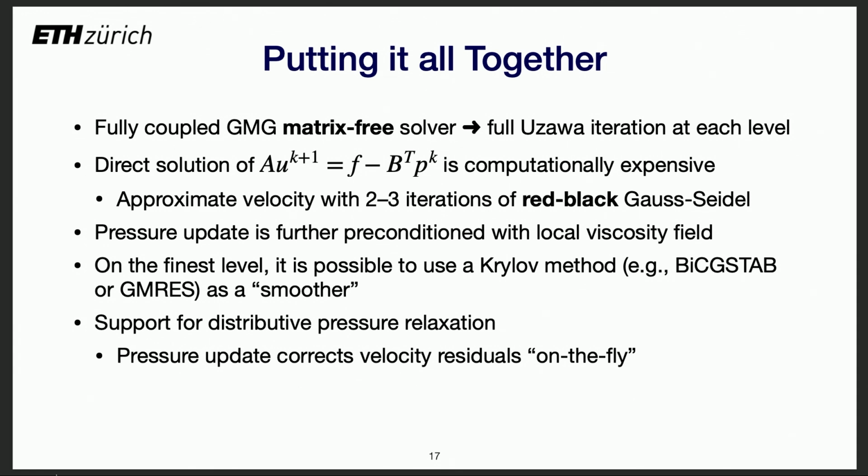And I've also implemented a type of distributive pressure relaxation, where the idea is whenever you update pressure via your Uzawa iteration, you correct velocities on the fly in order to modify the residual of the velocity equation as little as possible.